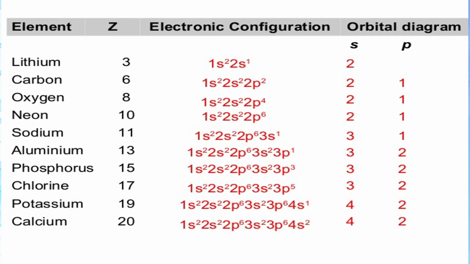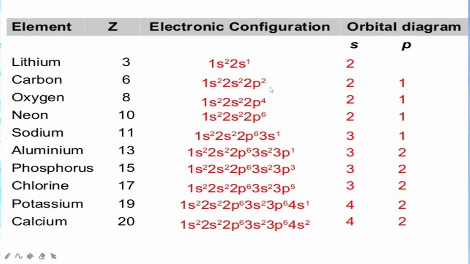Just like carbon, which has atomic number 6. This is the electron configuration of carbon: 1s2, 2s2, and 2p2. Why not 6? Because the atomic number is indicated in our subshells: 2 plus 2 plus 2 is equal to 6.